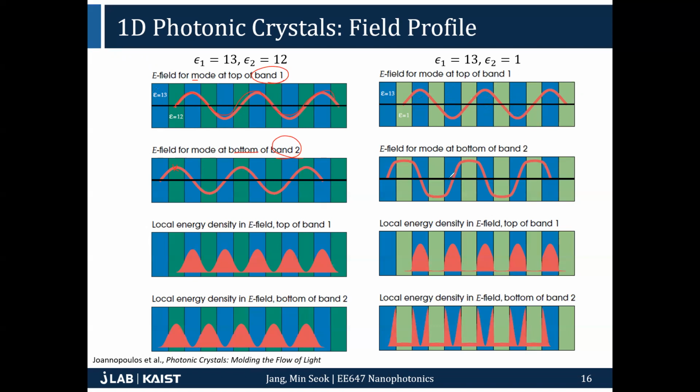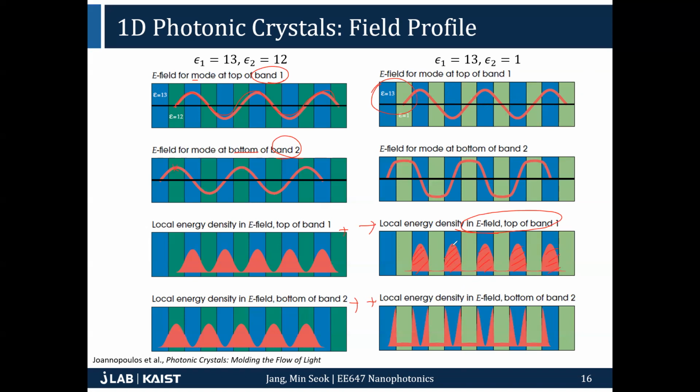Now, in terms of energy, you can see most of the energy in the upper case, band 1, the lower band, resides in the high index medium, which makes the eigenfrequency lower.